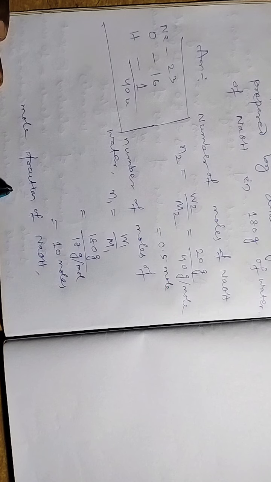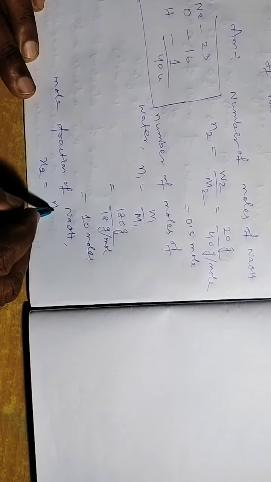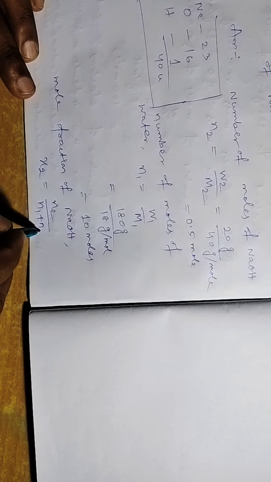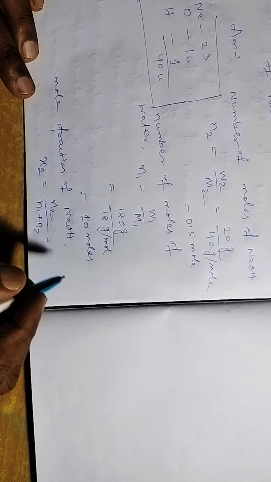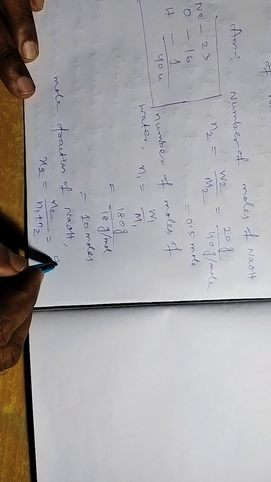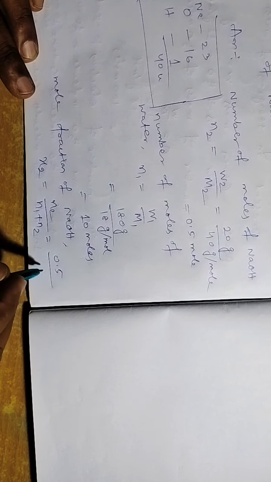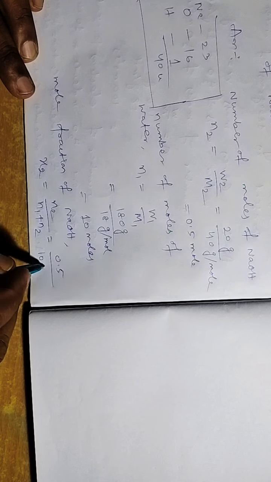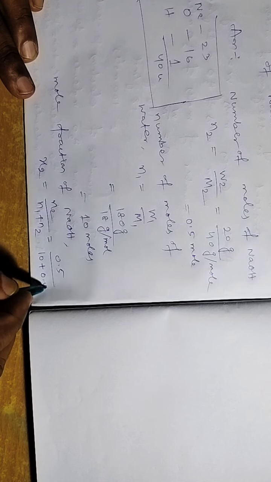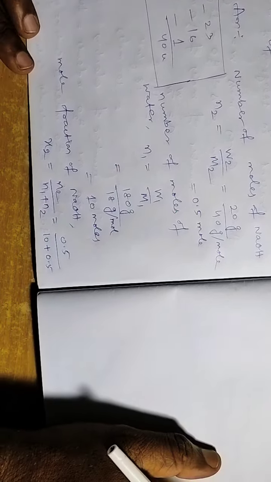And the mole fraction of NaOH, the solute, is given by x2 = n2/(n1 + n2). So n2 is 0.5 mole, n1 is 10, plus n2 0.5.